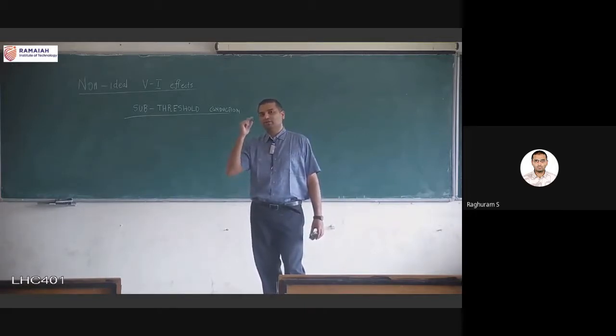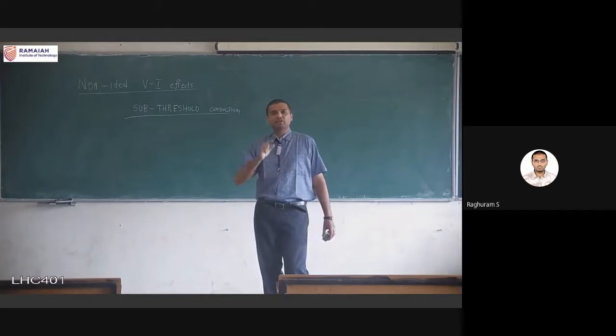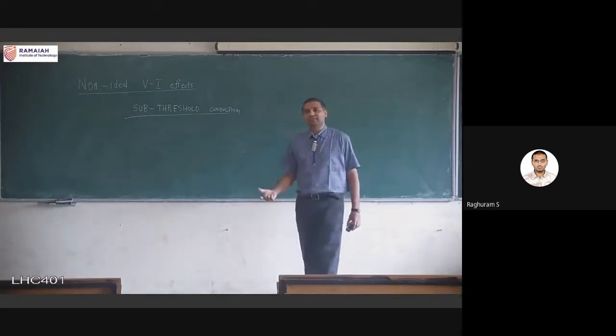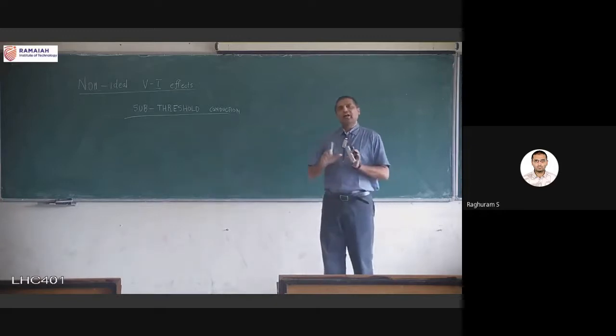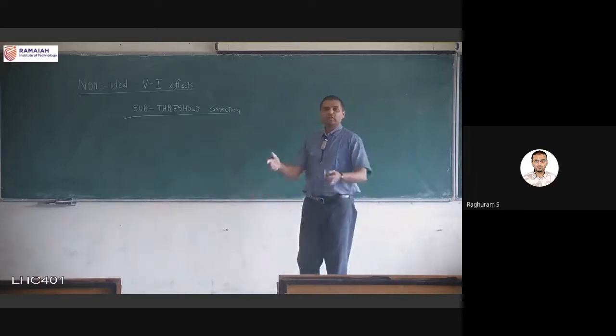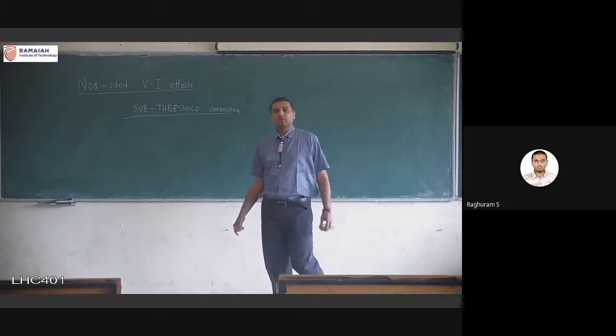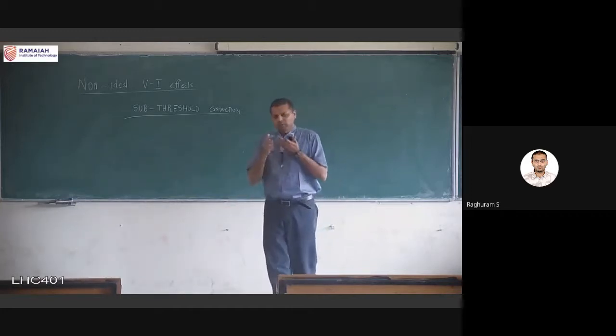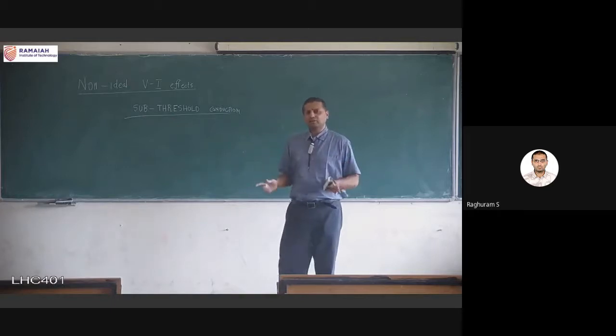That is, if the threshold level is 0.5, the gate voltage is 0.2 or 0.3. For our simplicity's sake, we have considered IDS equal to 0 in any numerical. For example, if VGS is lesser than VT, directly we write IDS equal to 0.